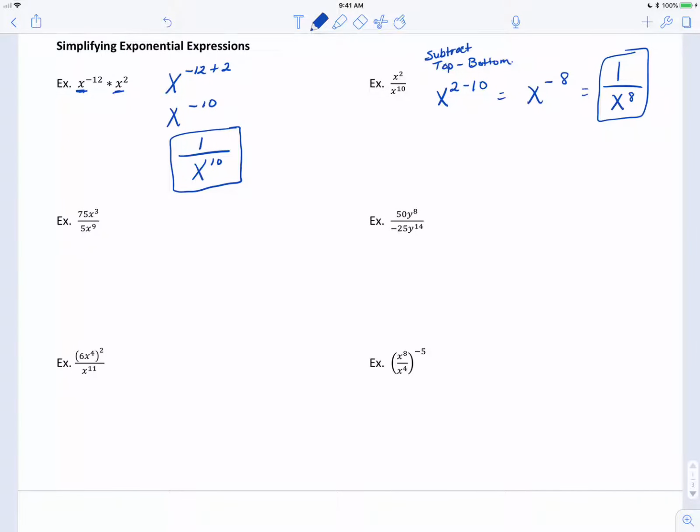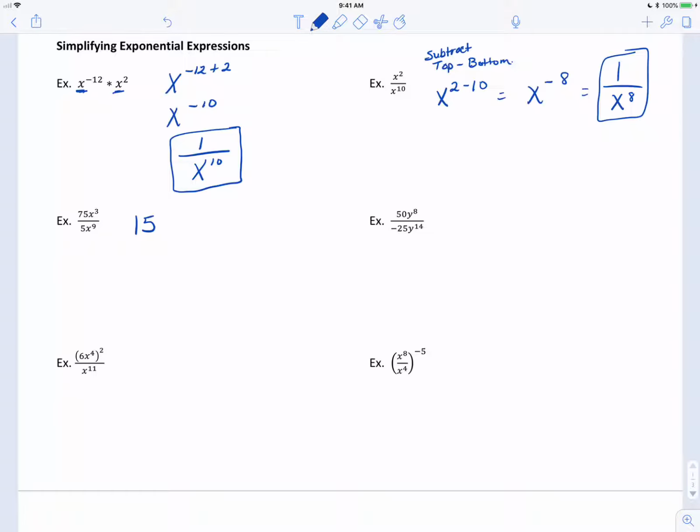Okay, so let's look at another example. We have 75x cubed divided by 5x to the 9th. Well, we're still going to divide our numbers just like we normally would. So 75 divided by 5 is 15. And pay very close attention to whether these numbers go on the top or whether they go on the bottom.